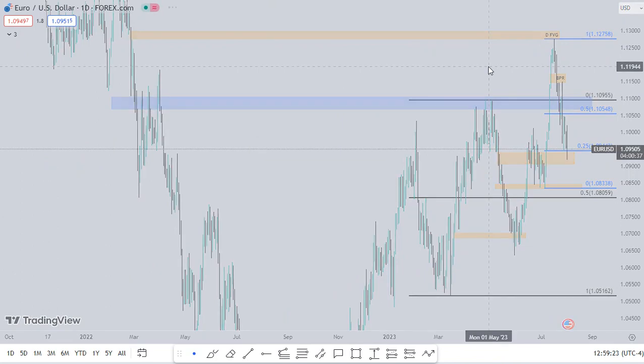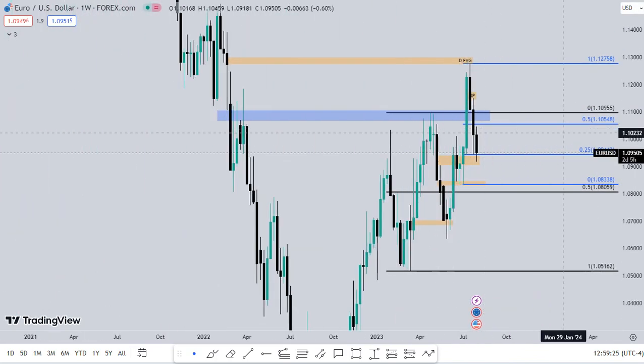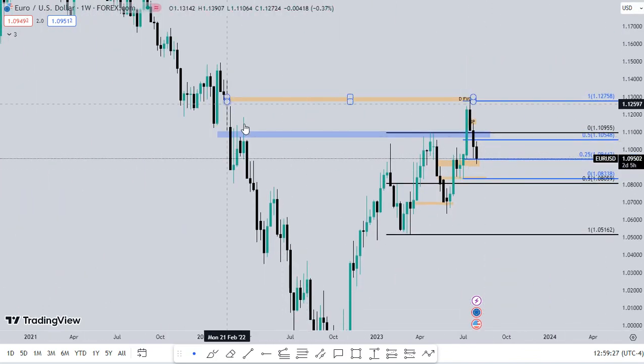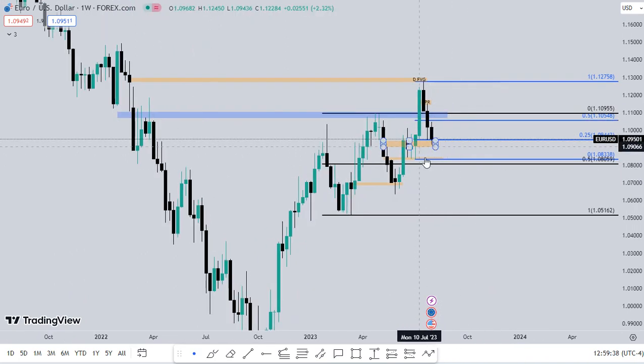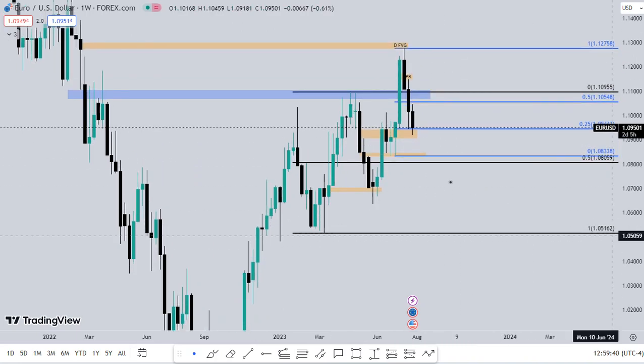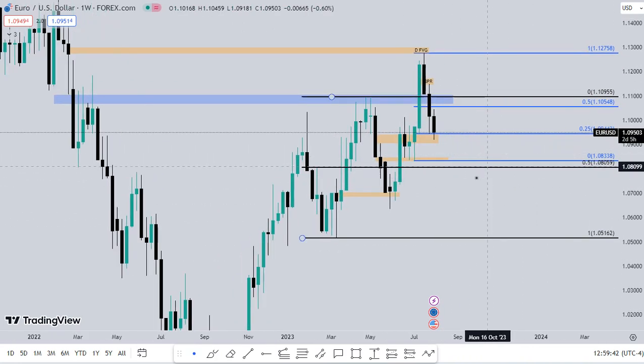So now we go back to the weekly time frame. In the weekly time frame, you can see we filled this volume imbalance. Price went back into this range below these highs and that monthly fair value gap, and now it's tagging an essential area. Why is this level essential on the weekly time frame?